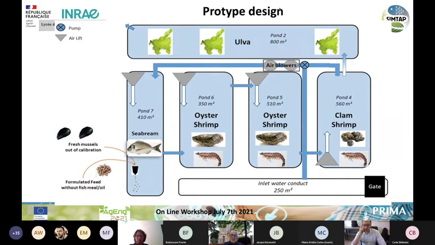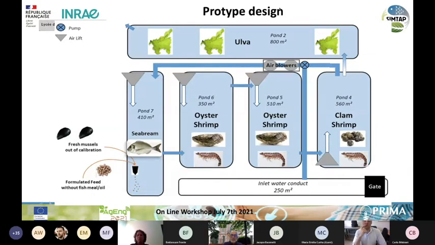From this one, the water is sent to a third pond where oyster and shrimp grow, and at the end, the water is sent to a fourth pond where there were clam and shrimp. From this fourth pond, the water is sent back to the sea bream pond.